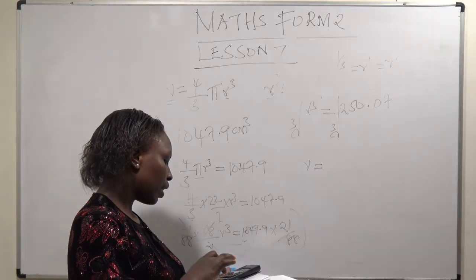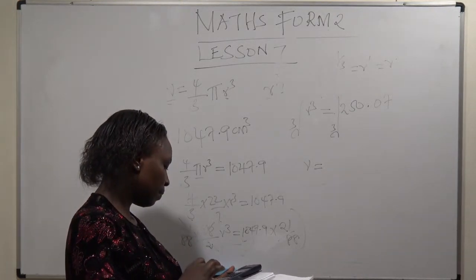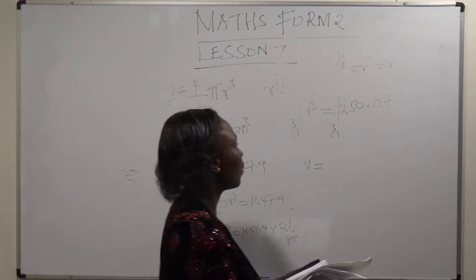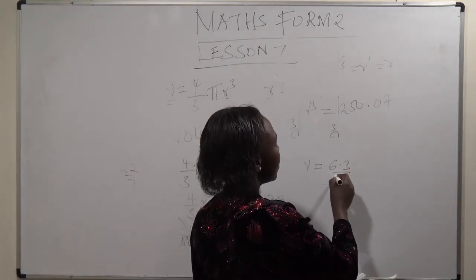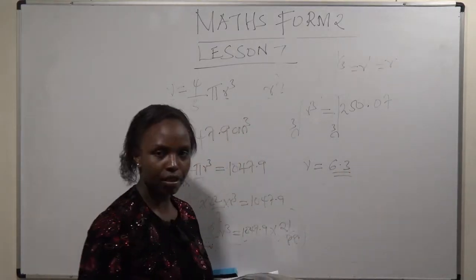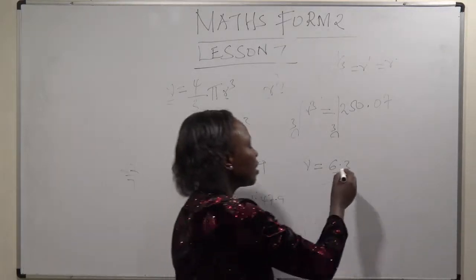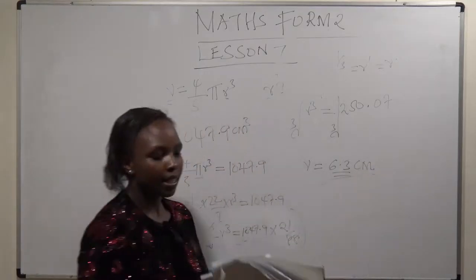If you look for the cube root of 250.07, you are going to get 6.3. So use your mathematical table and see what you get. That is the radius. The radius for that sphere was supposed to be 6.3 centimeters.